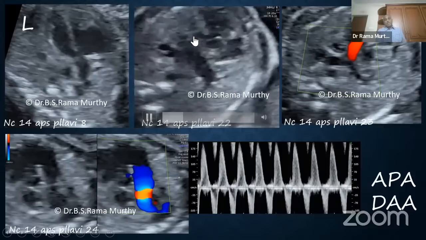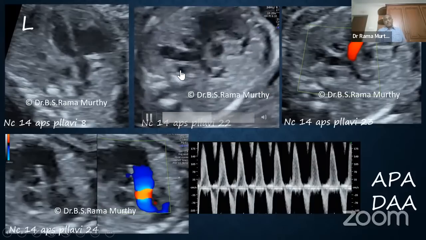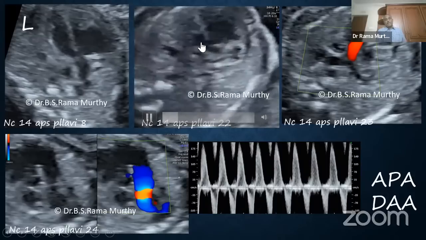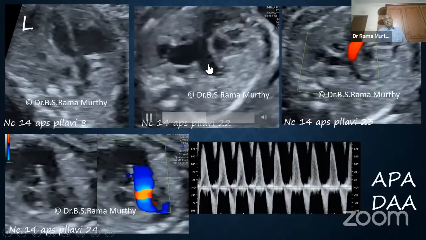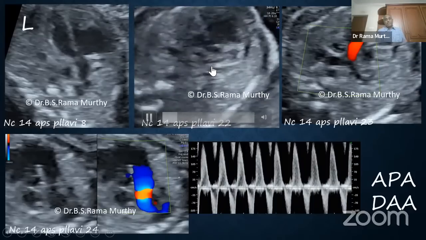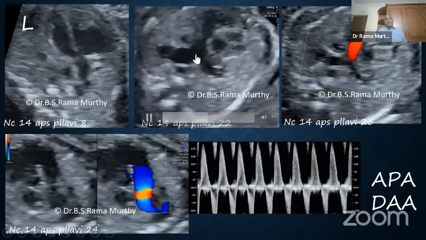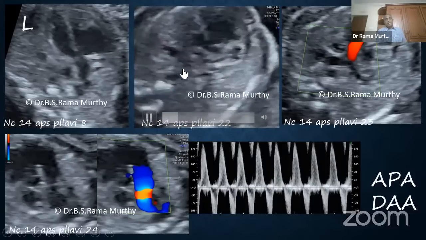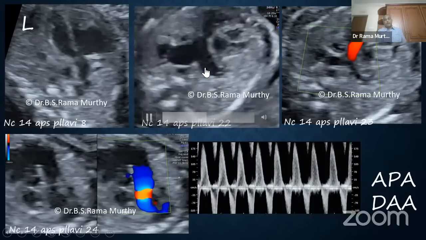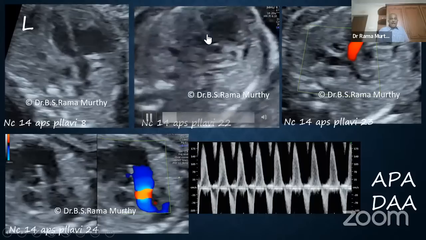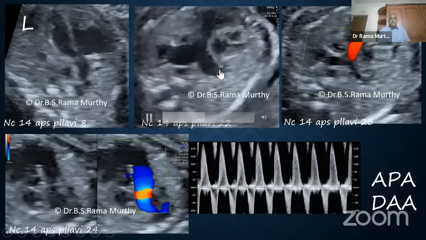The annulus of the pulmonary valve is narrow, but soon after that, there is bifurcation, and the branch pulmonary arteries are dilated. And also the fact that I am not seeing a ductus arteriosus connecting the main pulmonary artery to the descending aorta. So I see a narrow annulus and dilated branch pulmonary arteries.